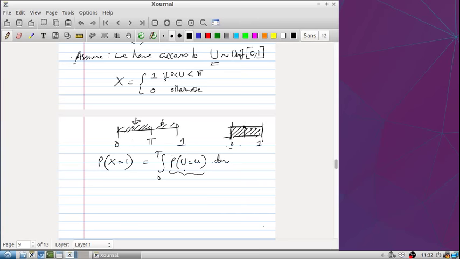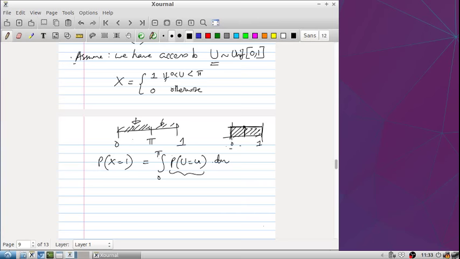No, but what I'm asking is what is P of u is equal to any little u? It's just 1. Right? The area is 1. So this is 1. If I make the height 1, 1 times 1, the rectangle's area is 1.